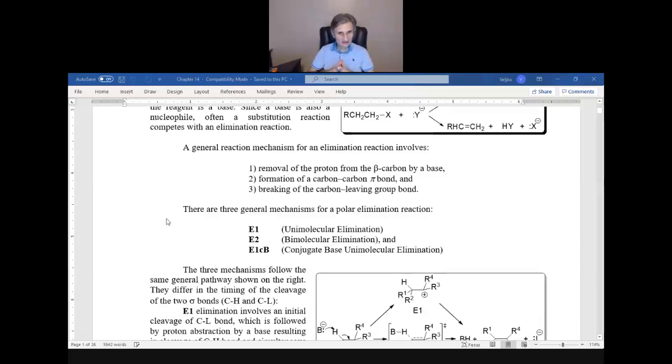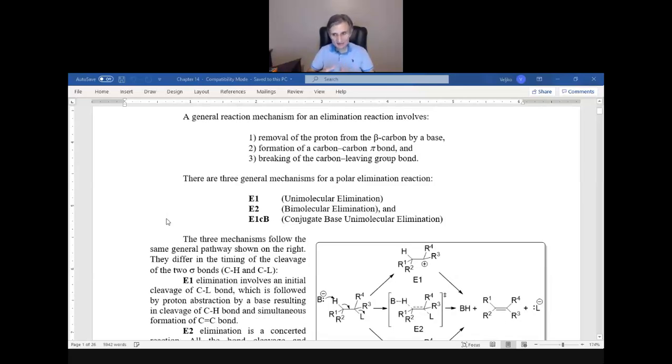There are three mechanisms for elimination reactions, and they all involve the same processes. Removal of a proton from the beta carbon by a base. You will see in a minute what is beta carbon. Formation of a carbon-carbon pi bond, and breaking of the carbon-leaving group bond. So all three mechanisms involve these same processes. The only difference is in timing.